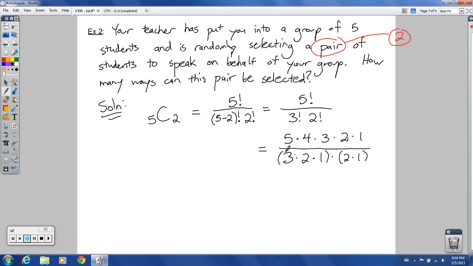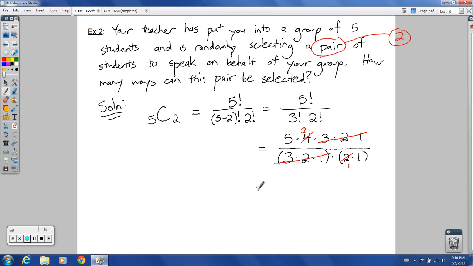Now here's how I would cancel this. The 3 times 2 times 1 on the bottom cancels out with the 3 times 2 times 1 on the top. What are you left with? 5 times 4 over 2 times 1. You can reduce further: a 2 and a 4 can be replaced with a 1 and a 2.